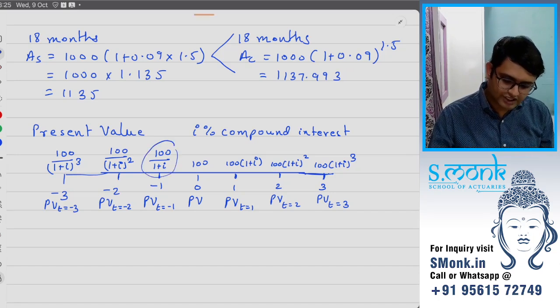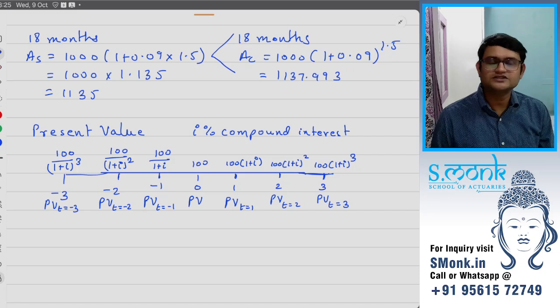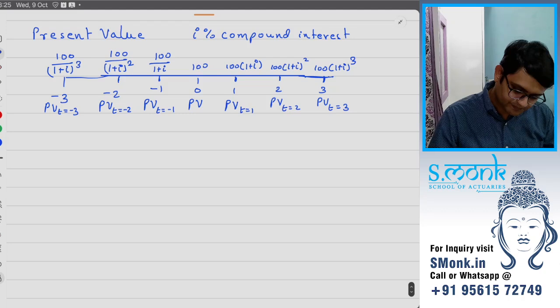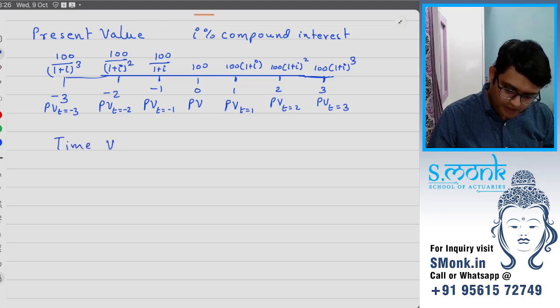So there is still a value even though that money did not exist at that time. So present value is nothing but value at a given point in time. So it will be the time value of money.